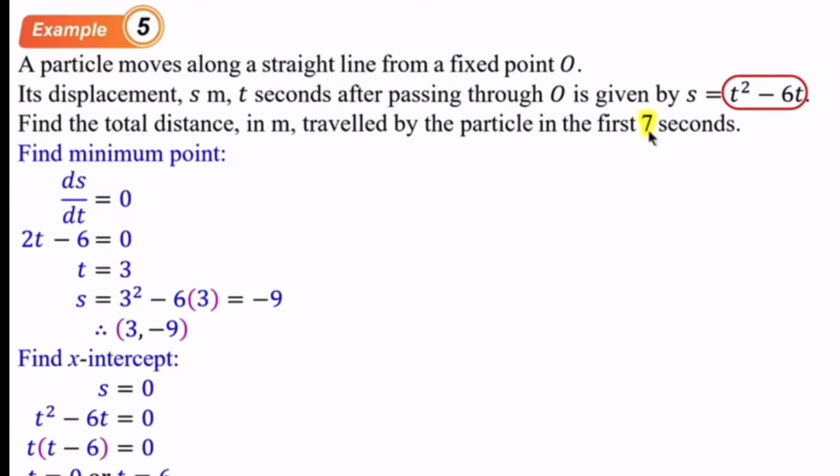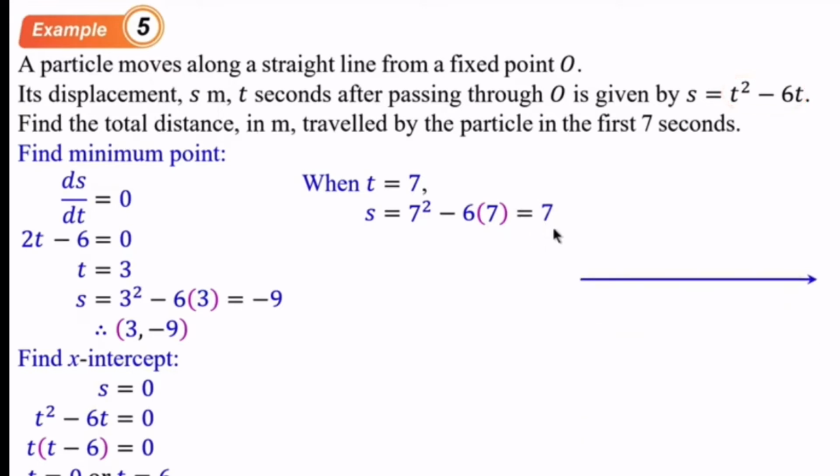The other point that we need to find is the last point, when t equals 7. Where is the particle displaced to? The particle is displaced to t squared minus 6t, so we substitute 7. It means that it's at 7 meters.